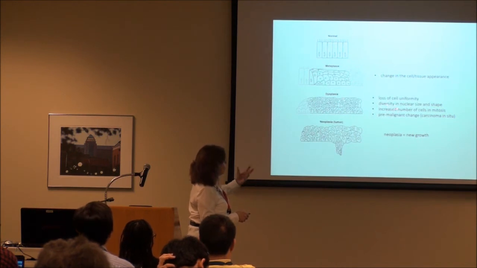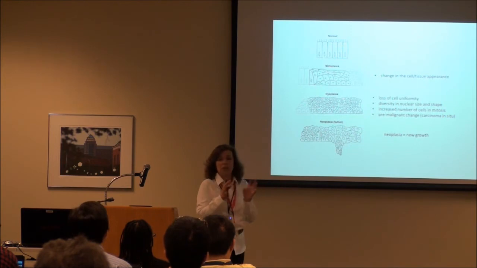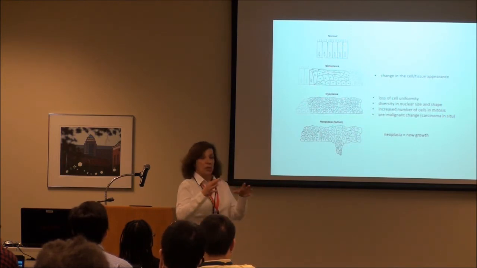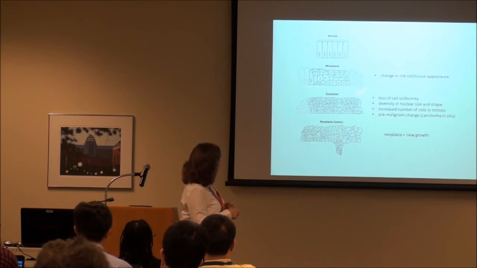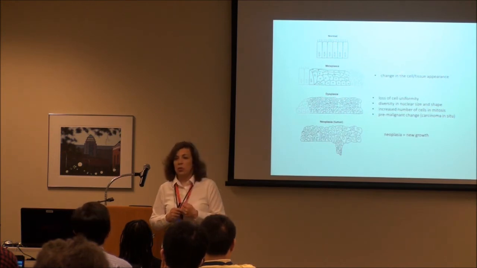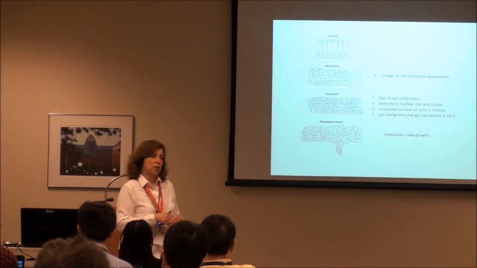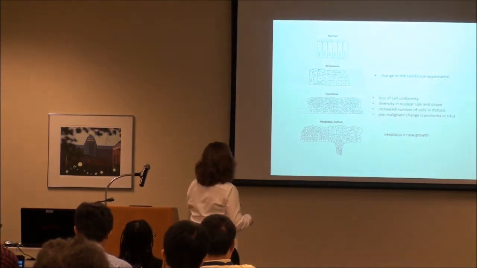We have a diversity in nuclear size and shape, and there is dysplasia. So the first level is after metaplasia, or just change in appearance, we have dysplasia, where a part of the tissue has completely changed its appearance and function.